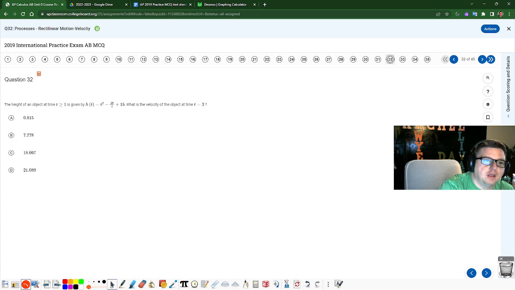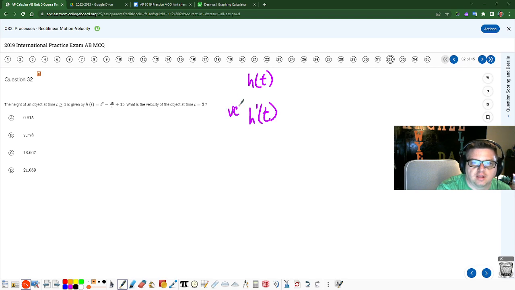The height of an object at time t greater than 1 is given by this. What is the velocity? Okay, so the height. So we're looking at h of t, and we want h prime of t because that is velocity. We have position, velocity, or we could have done acceleration with the second derivative.